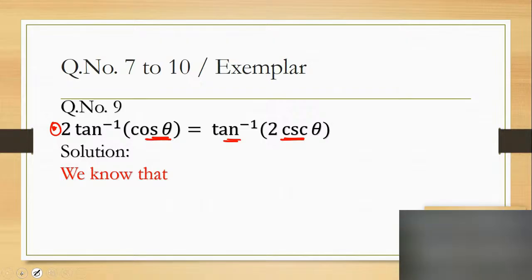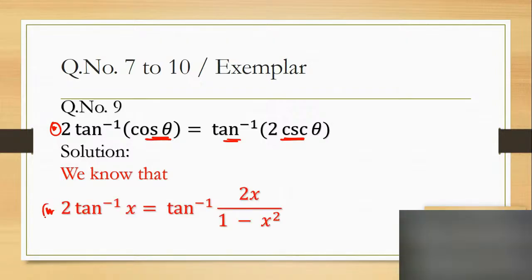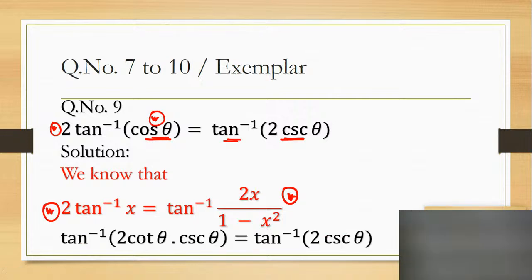We know that, we recall this formula, which is this one. But instead of x, we have cos theta in the LHS. So here will be tan inverse 2 cos theta by 1 minus cos square theta, equal to tan inverse 2 cosec theta.